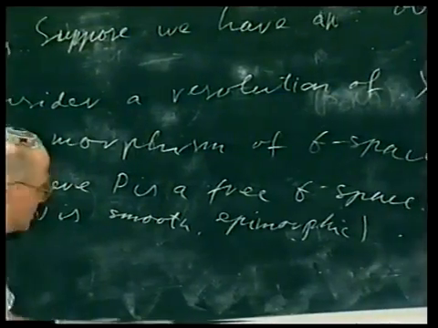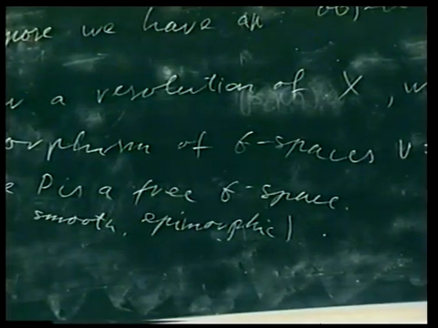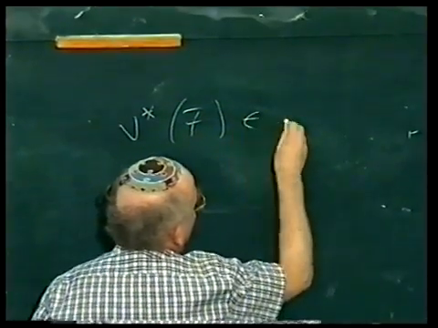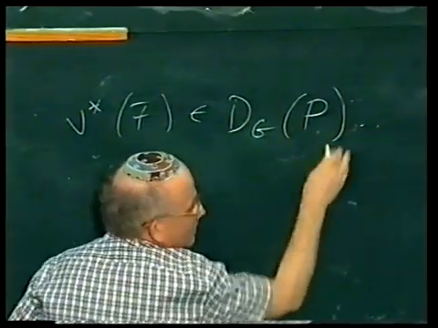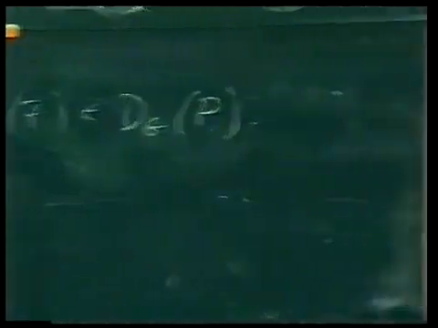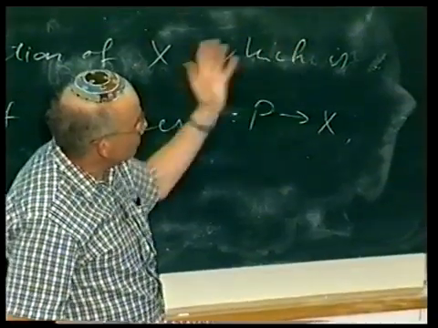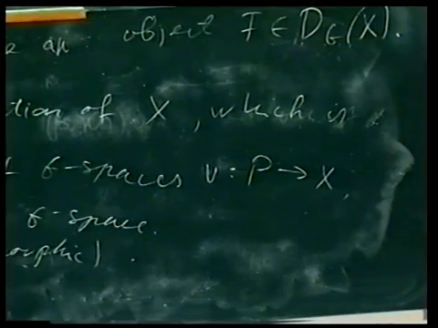If you have such a resolution, then we can consider the corresponding object, the inverse image mu star of F, which will be an object in the equivariant derived category of P. We can lift it: we have this morphism, and we assume that all equivariant objects satisfy the same properties as usual.